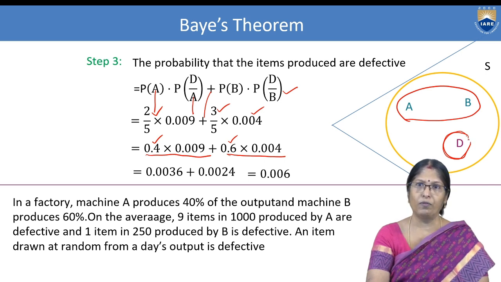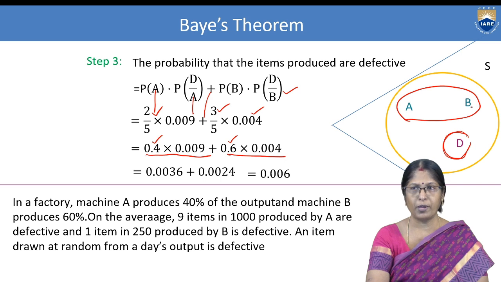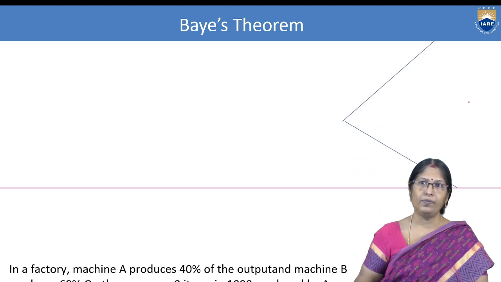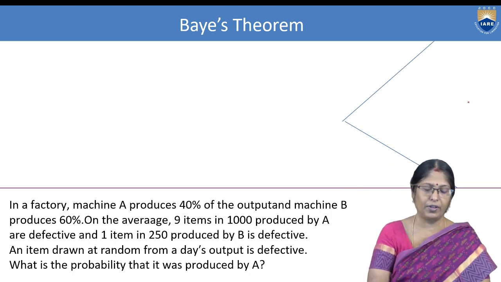Step 4 onwards depends on the problem and the main events. Here 2 main events are there. Sometimes they will ask only about one event, or sometimes they will ask about all the events. We will see it. You can see it here.